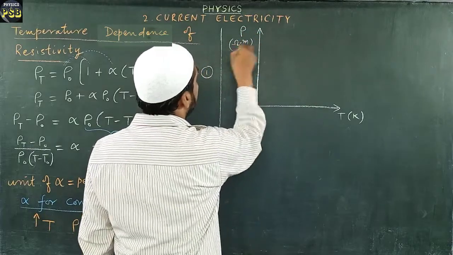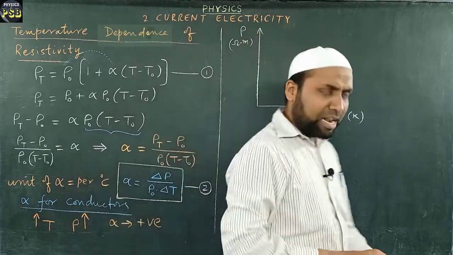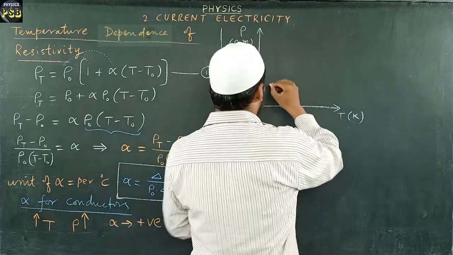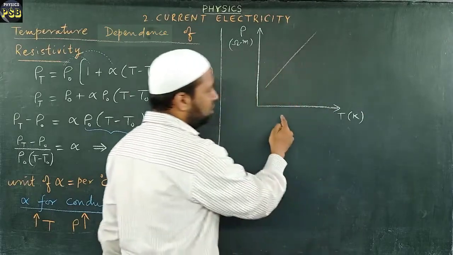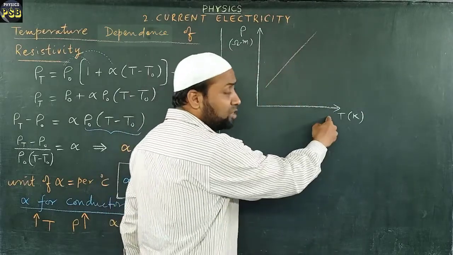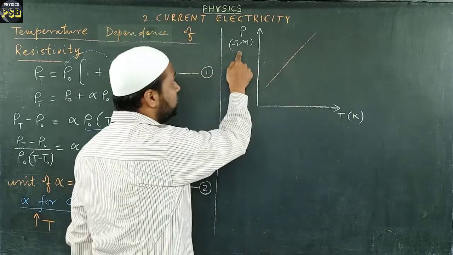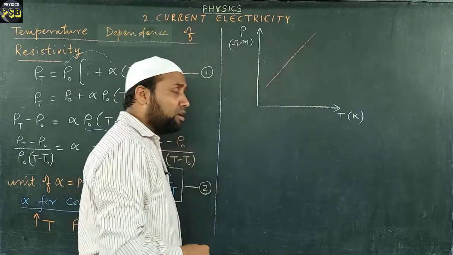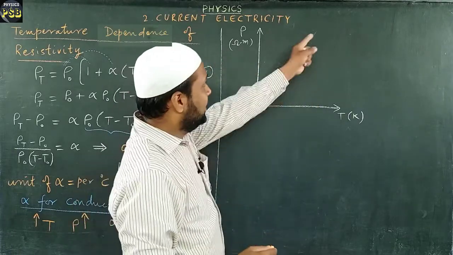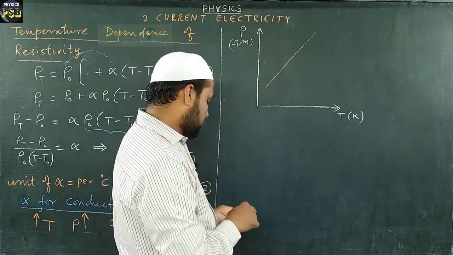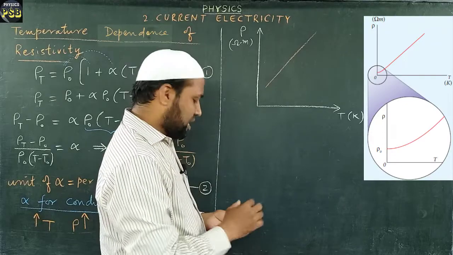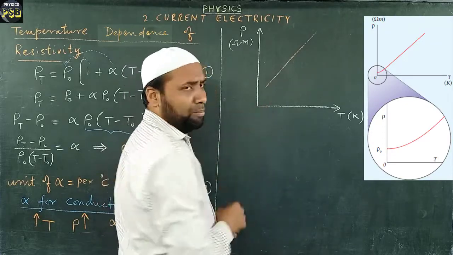It's taken along y-axis. The graph obtained here is a linear graph. This shows that when temperature increases, resistivity also increases. But this graph, which is linear in nature, shows non-linearity at a low temperature.